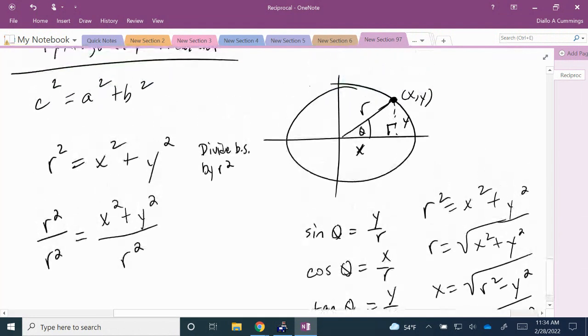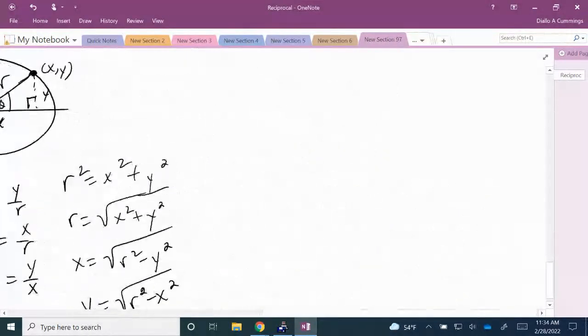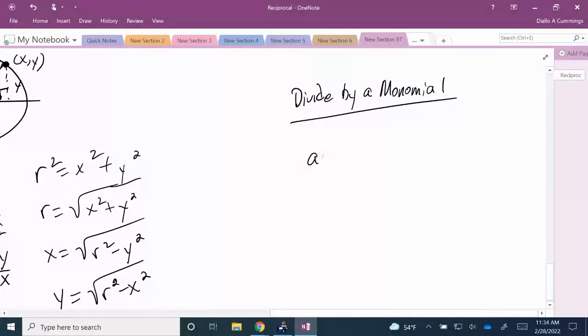The theorem basically says that if you have a plus b over c, you can simplify that as a over c plus b over c.